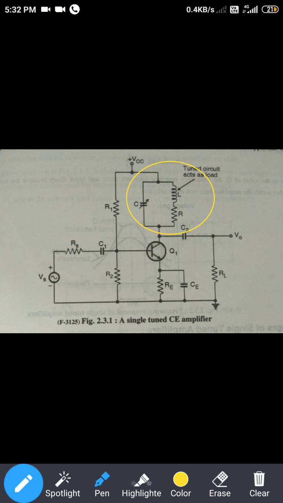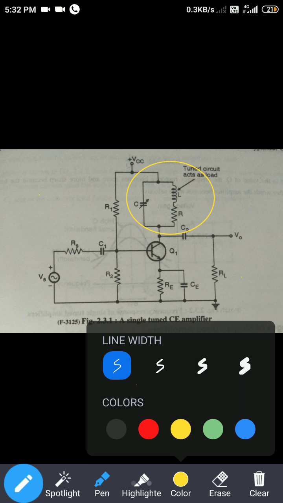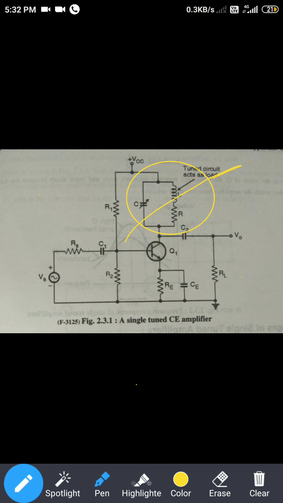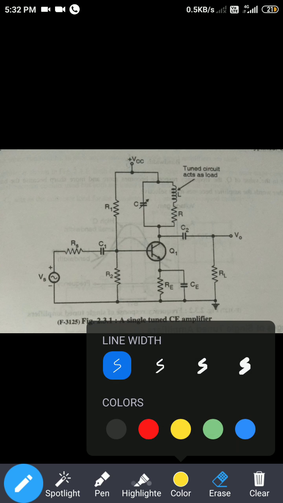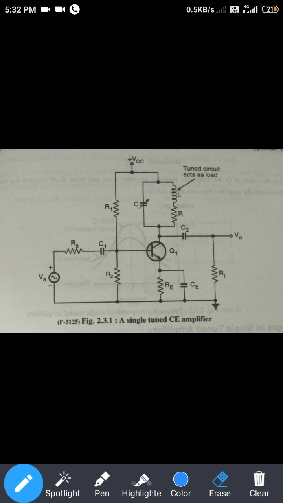First of all, let me show you its frequency response. It can be drawn here, with frequency on the x-axis and voltage gain on the y-axis.